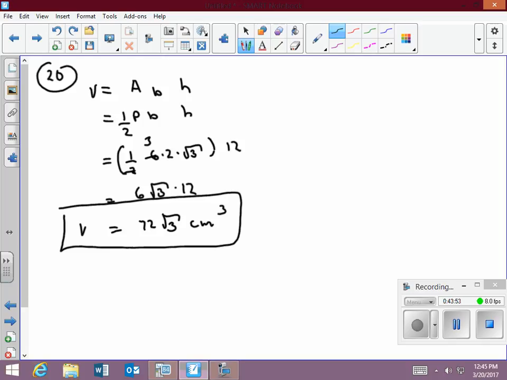Now, the area is going to be what? It's 2 times the area of the base, isn't it? Plus, and then it's going to have to be each one of those rectangles, and you got 6 of them. You actually get the perimeter, right? It's the perimeter times the height.